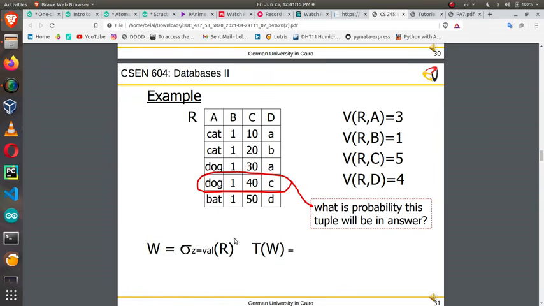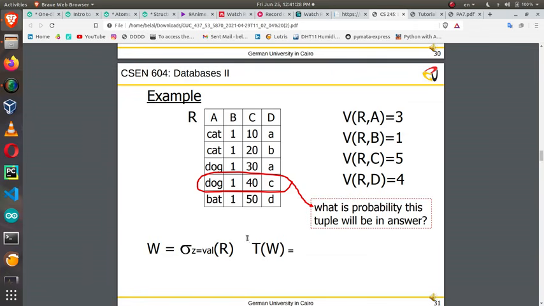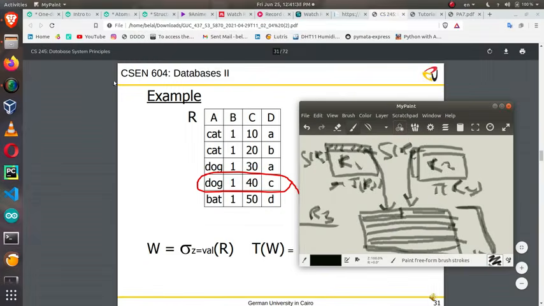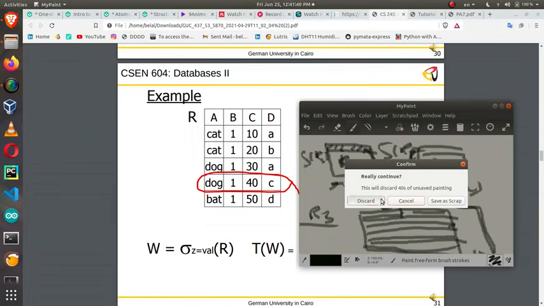Okay, so if we are considering column Z, we have here in our statistics the number of distinct values in this column. So 1 over VRZ.